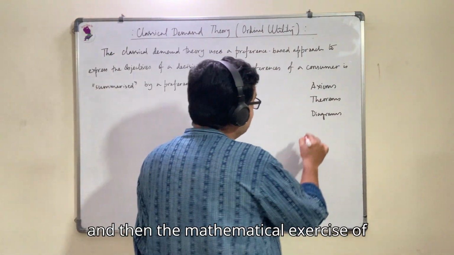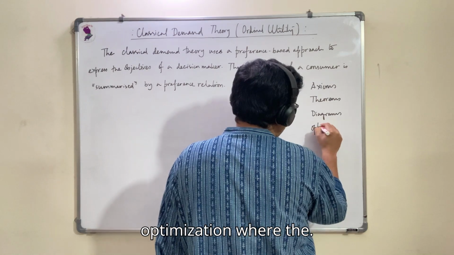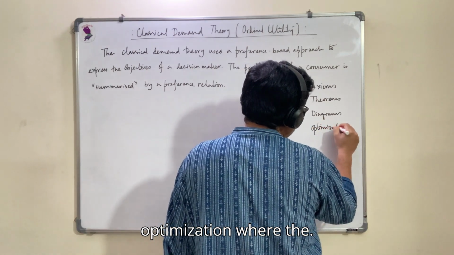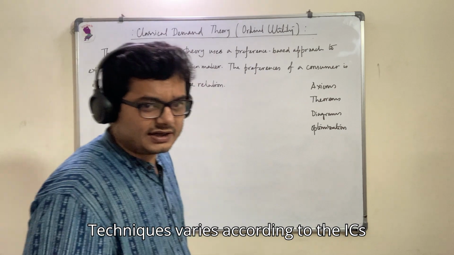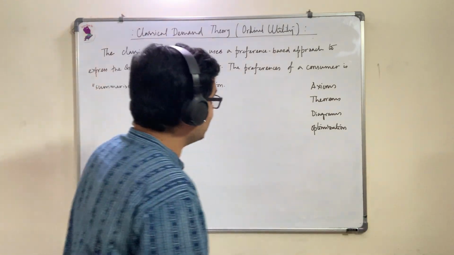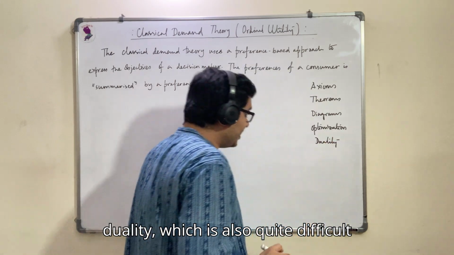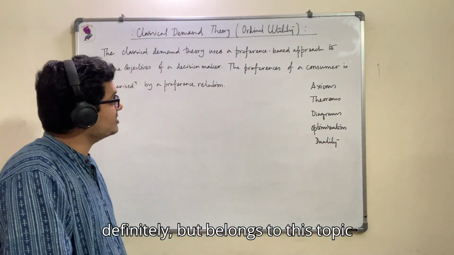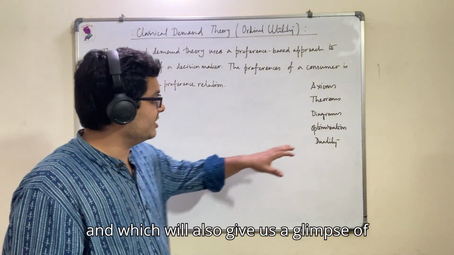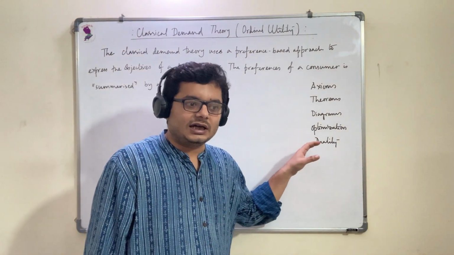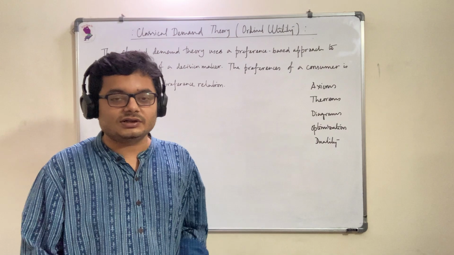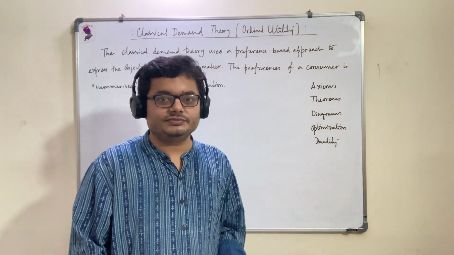Then the mathematical exercise of optimization, where the techniques vary according to the ICs. And the last topic is duality, which is quite difficult, but belongs to this topic, and will also give us a glimpse of how it looks under production and cost. Okay, so let us start now.